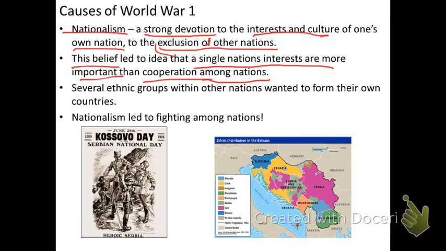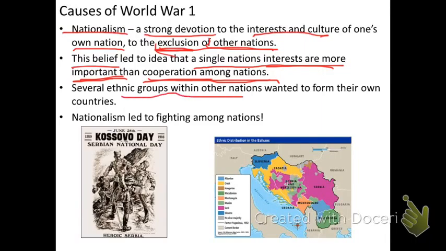However, when that belief in nationalism leads to the exclusion of other nations, when it is believed that my own nation's interests are more important than cooperating with other nations, when it becomes perverted like that, you got problems.